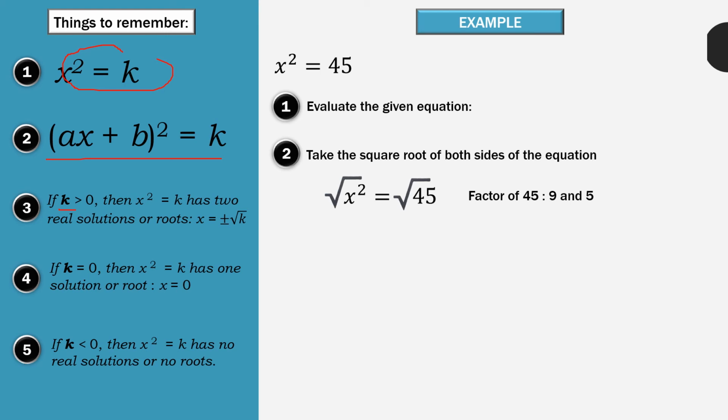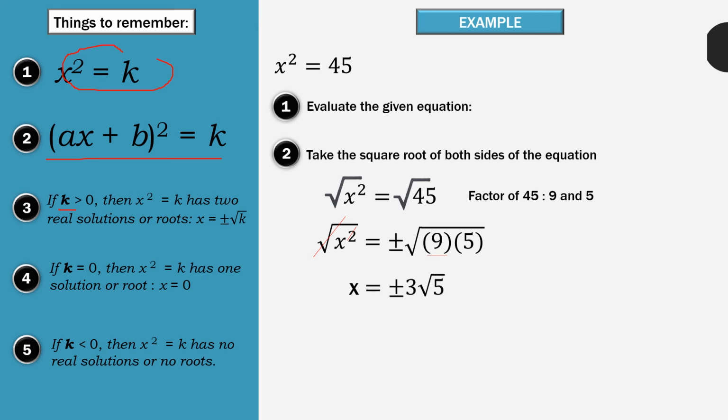Square root of 45 is not a perfect square, gaya sa atong example ganina. So, we find what? Factors of 45, which is 9 and 5. Then we substitute it to the square root of 45. That makes your equation x is equal to plus and minus square root of 9 times 5. Cancel nato na ang atong mga radical sign, and 9 is, again, a perfect square. Diba? Correct.